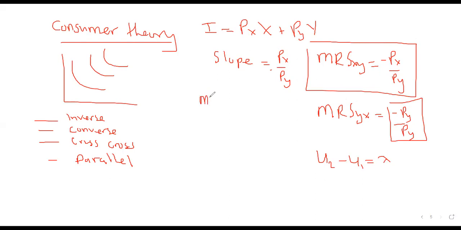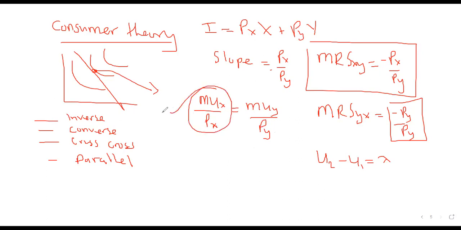So when the utility is optimum at the budget line here, we need to understand that it occurs when the marginal utility of X over the price of X is equal to the marginal utility of Y over the price of Y. Each of these represents a multiplier, which we call the lambda.